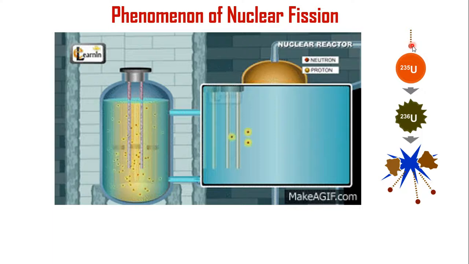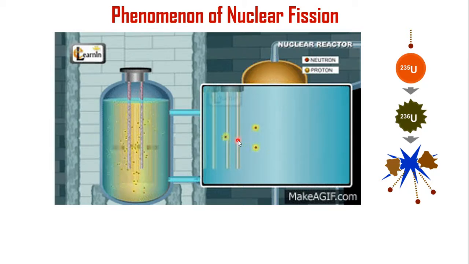This red color neutron, here you observe, is the red color neutron. When it combines with uranium 235, it will produce an unstable uranium 236, which will split into two fragments, and it will release three extra neutrons, and also enormous heat is developed. Observe in this animation, they clearly show it.